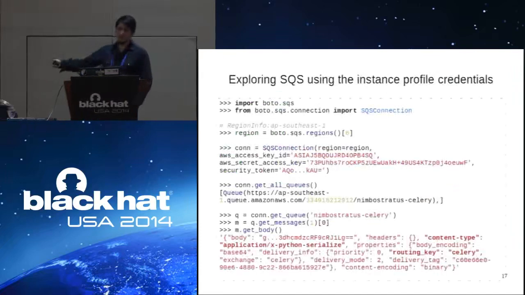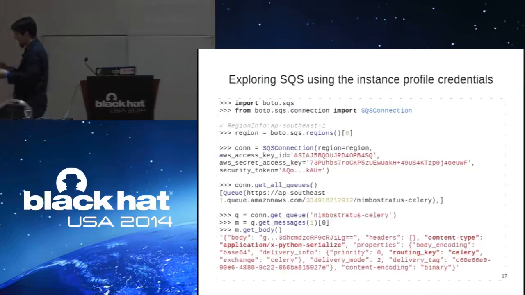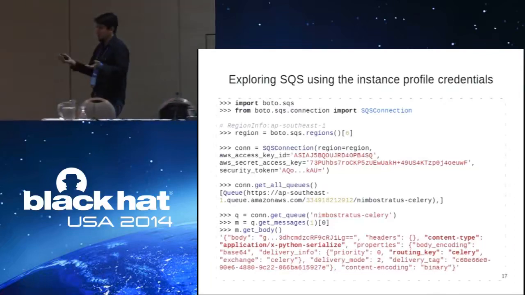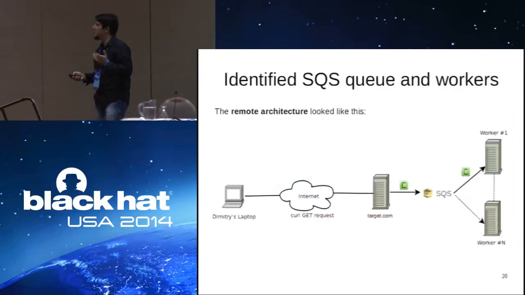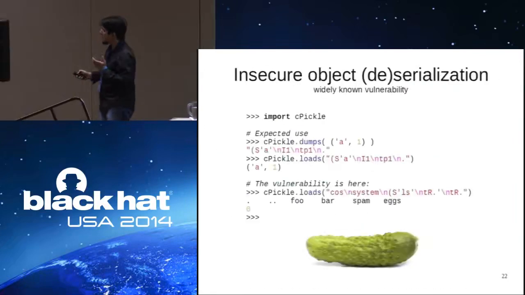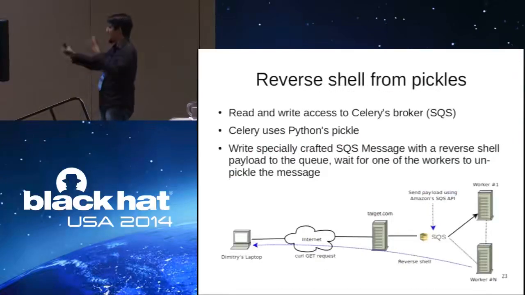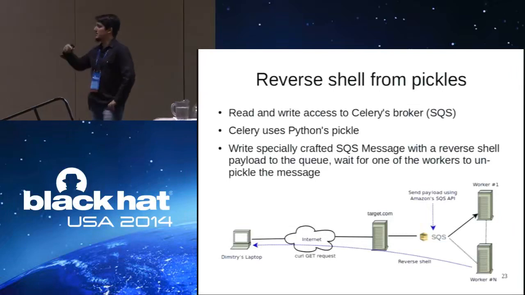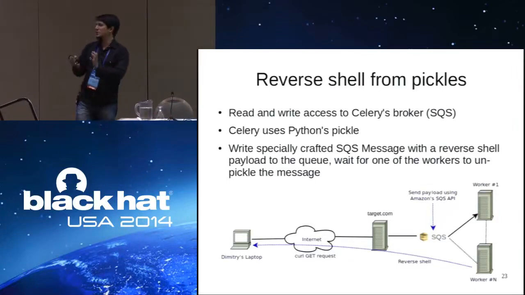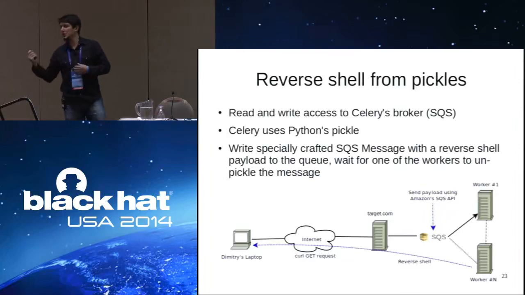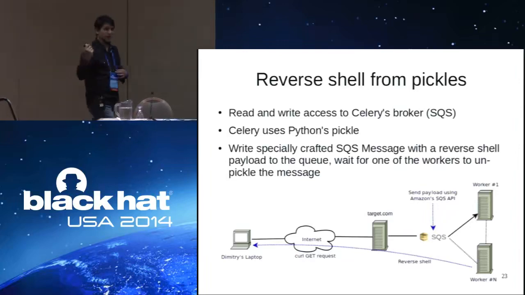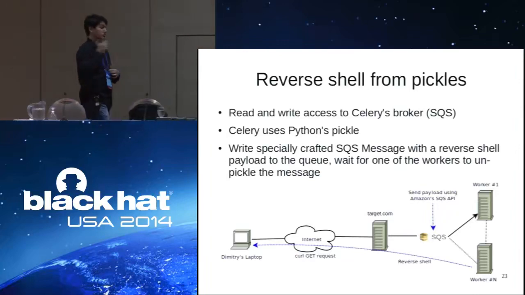If you dive a little bit into the Celery source code, you're going to find that it's pickle. So perfect. If I write something in a custom format to the SQS queue, which I can do, this guy is going to deserialize it, and if it's in the right format, I'm going to be executing arbitrary commands in the worker. Perfect.